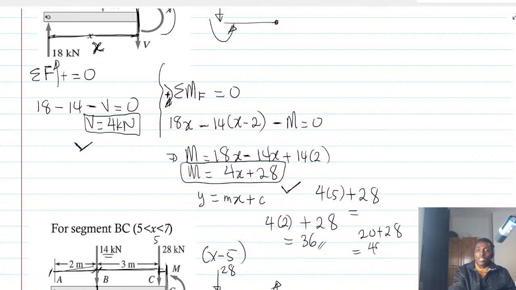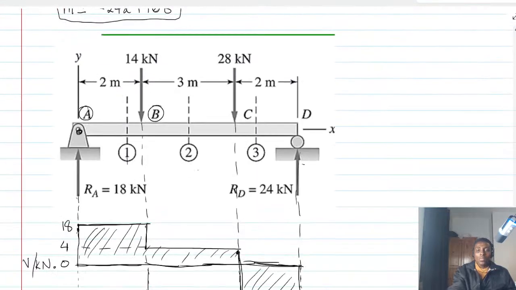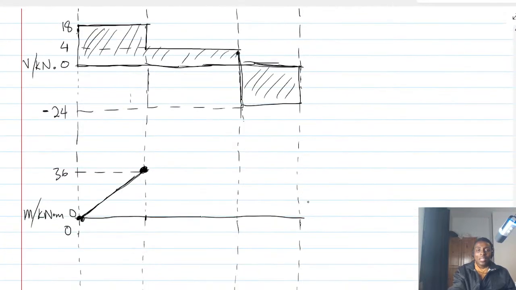That is 48, isn't it? So it means that we have a straight line which is moving from 36, but it will come here and cut this line, and the magnitude at this point where it cut the line is actually 48.